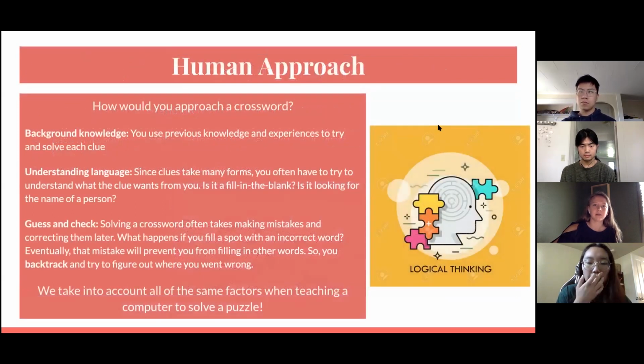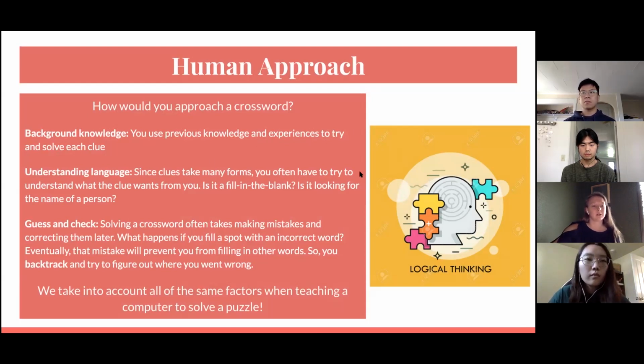We wanted to talk a little bit about how a human would approach a crossword. First of all, you start with background knowledge. You use your previous knowledge and experiences to try and solve each clue. Second, understanding language. All the clues take many different forms. It can be a fill in the blank. It could be a person that you're looking for. A lot of the time you have to try and understand what exactly the clue wants from you.